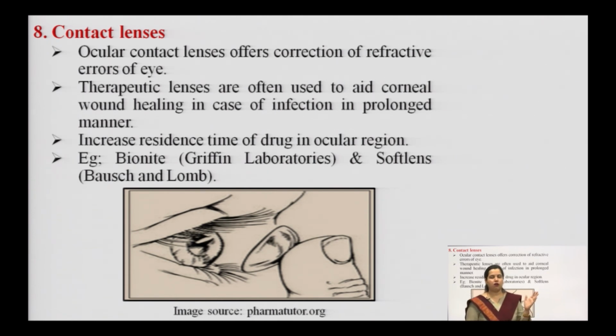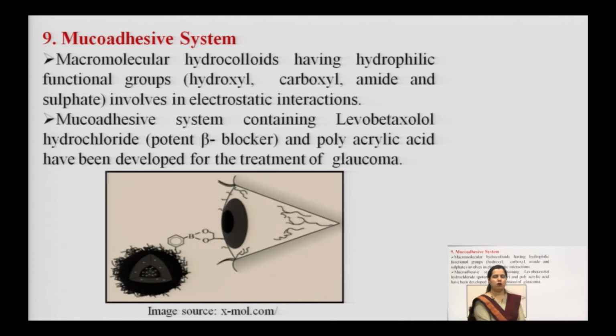Bionite is a medicated contact lens manufactured by Griffin Laboratories, and soft lenses are prepared by Bausch and Lomb. You see the picture here, a person is applying a contact lens. Proper SOPs are available on how to apply contact lenses, and if it is not placed properly, it may cause irritation to the eye.